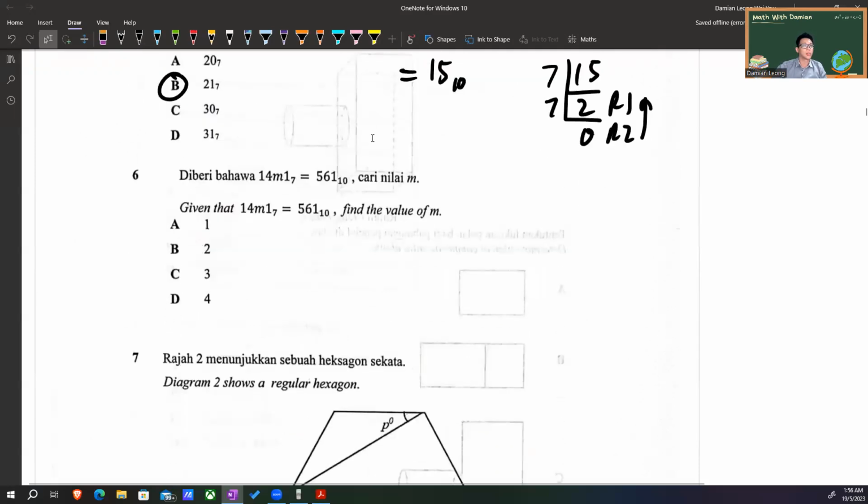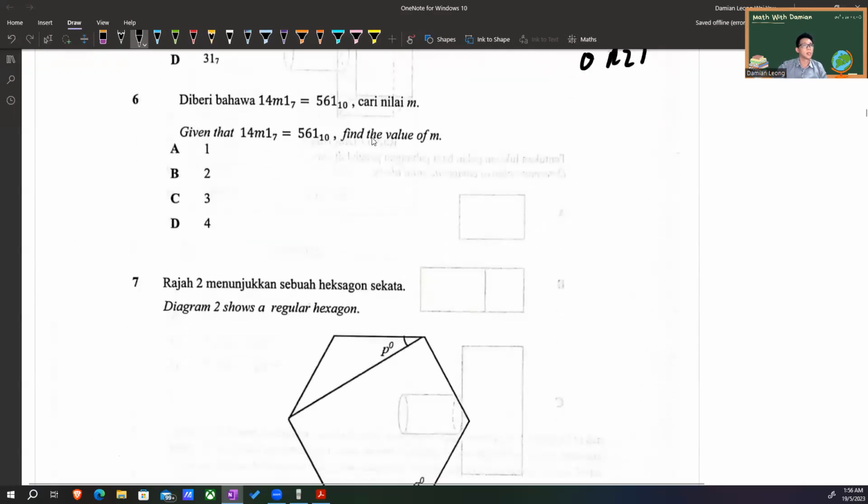Then question 6. Given that this is equals to this in base 10, find M. So just convert from base 10 to base 7. Similar to just now. Divided by 7, 80, remainder 1.